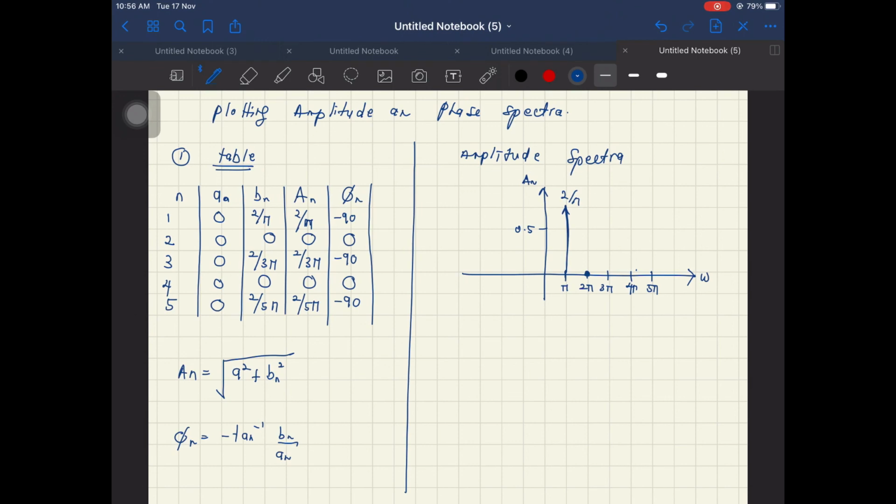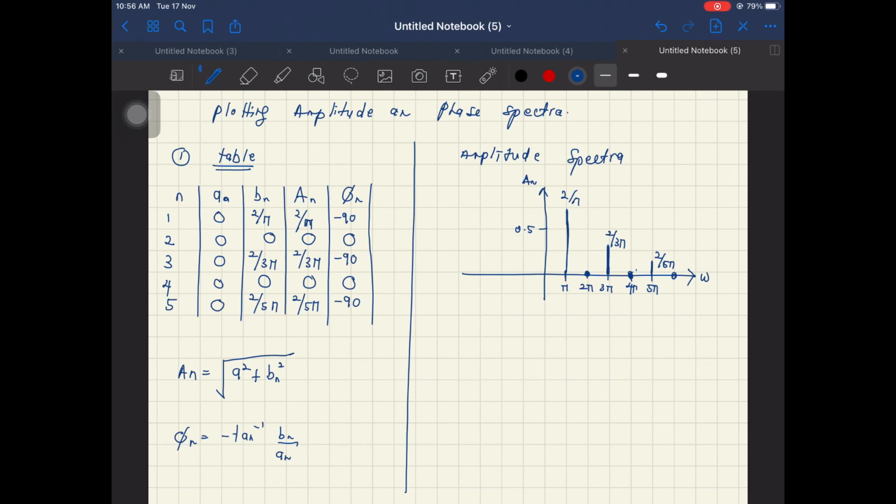Okay, why do I put 0.5 there? Because I want all of you to not just write the value. Make sure the value has common sense behind it, where we can know that 2 over pi is larger than 0.5. So that's why I put 0.5 there to have a clear value.